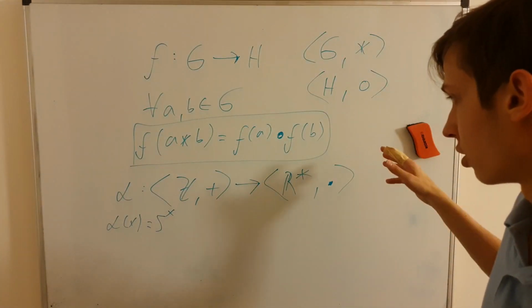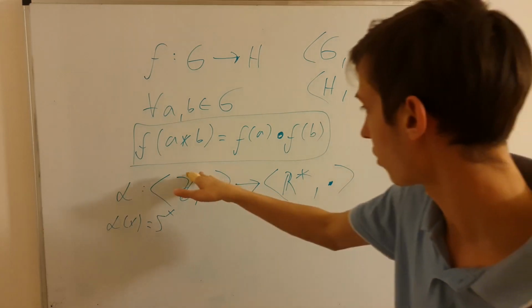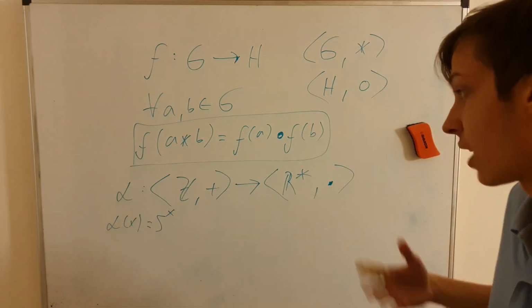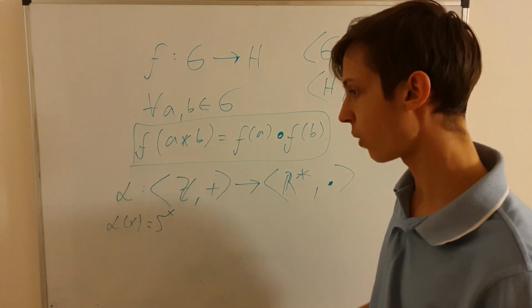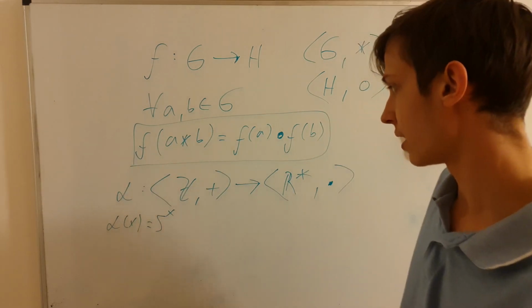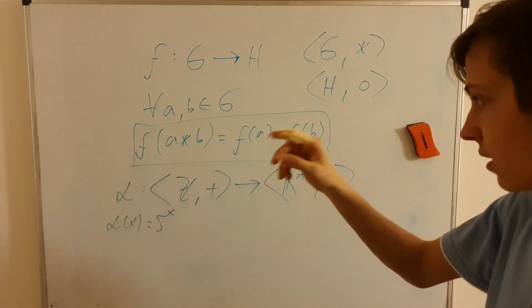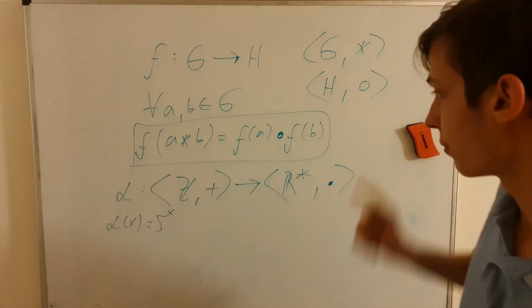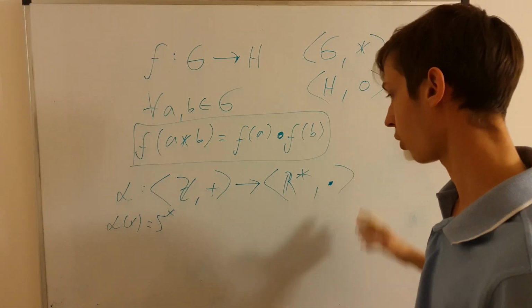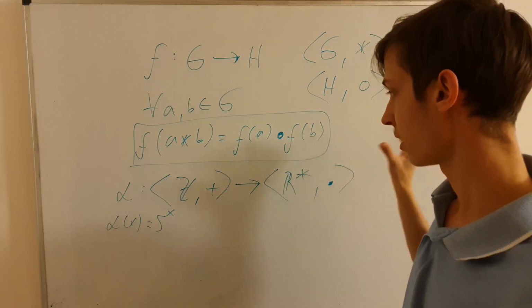First of all, we should also verify that these two things actually are groups. Integers under addition have an identity, which is 0. They have inverses, which is always the negative of whatever number is concerned.